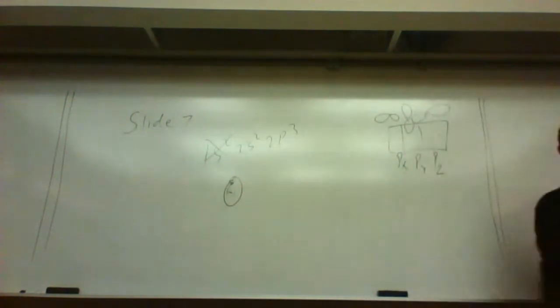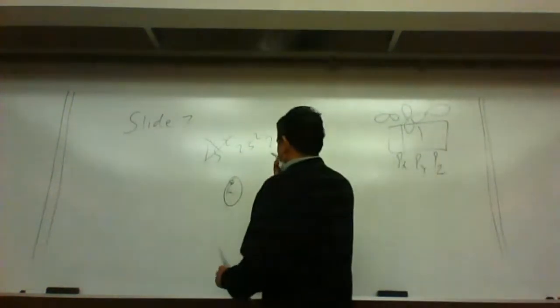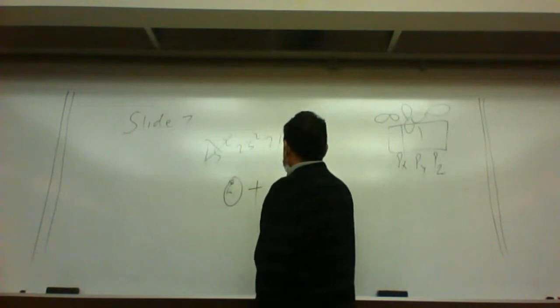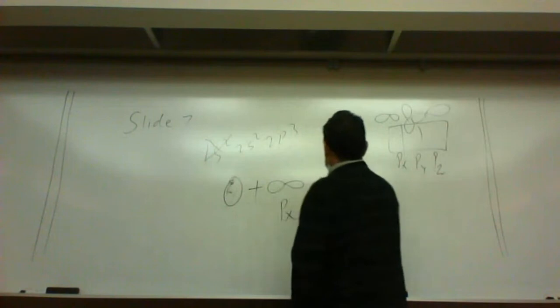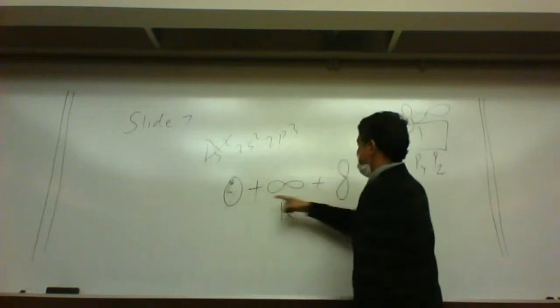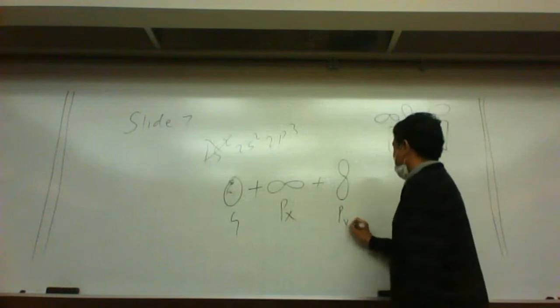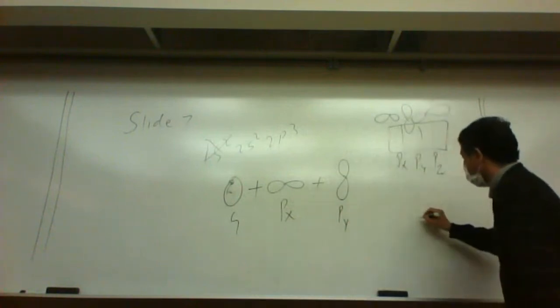In this one, we are making the sp2 orbital. We are mixing s with the px and the py, and you would get a hybrid orbital like this.